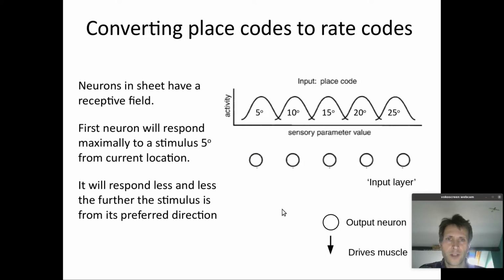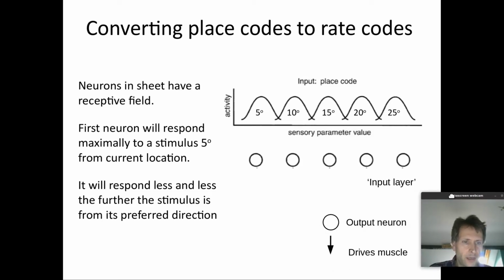Okay, so you want to engineer your conversion. You need to think about how these 5 input neurons, I call them an input layer, are going to drive a single output neuron, which is then going to drive the muscles. So let's just say we've got these 5 neurons.